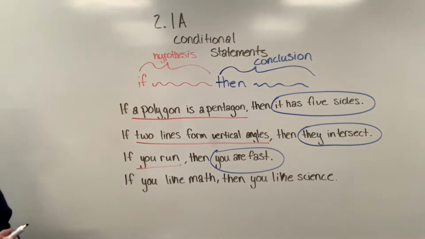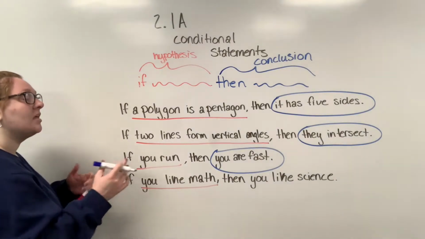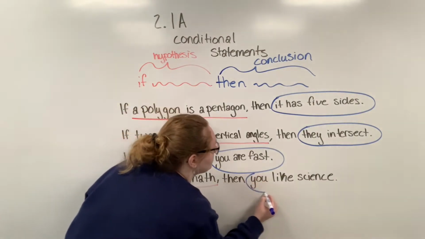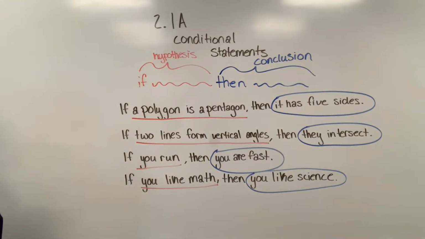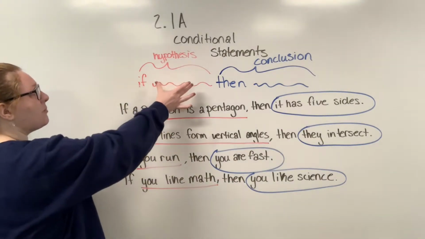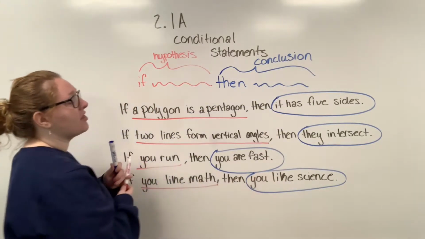That is our conclusion. And finally, if you like math, then you like science. Okay, so with each of these examples, we found our hypothesis, which comes after the if, and our conclusion that comes after the then.